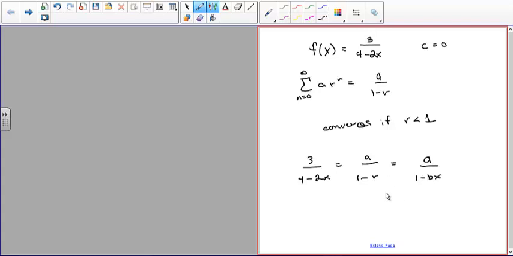So normally R when we first introduced it was a number, 3/4, 1/2, 2.7.